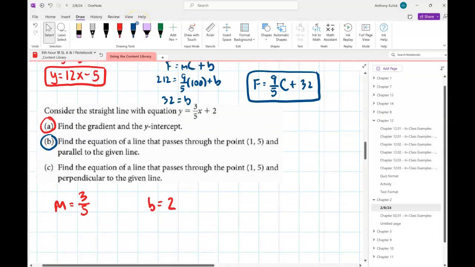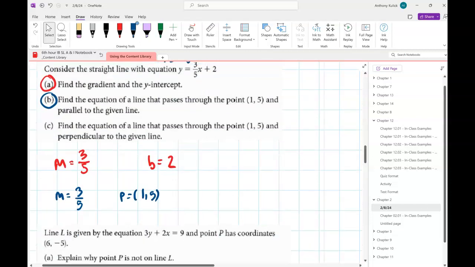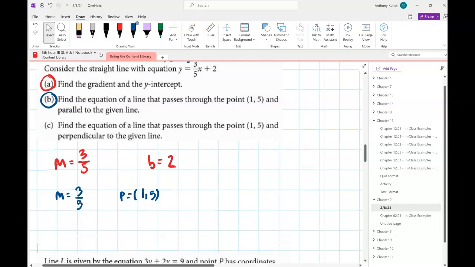It says find the equation of a line that passes through the point (1, 5) and is parallel to the given line. So right away, what does my slope have to be? 3/5. And we know our point is (1, 5). So what do we do? Same kind of thing that we did before, right?